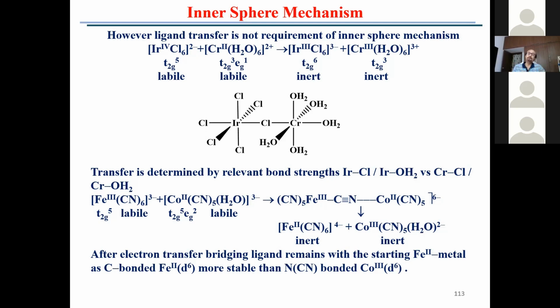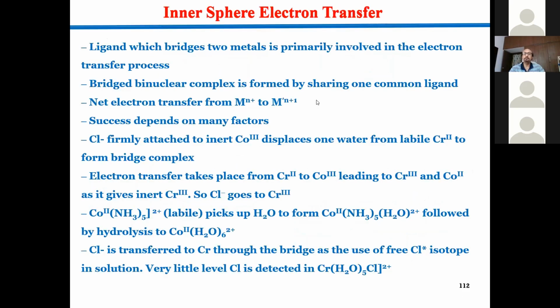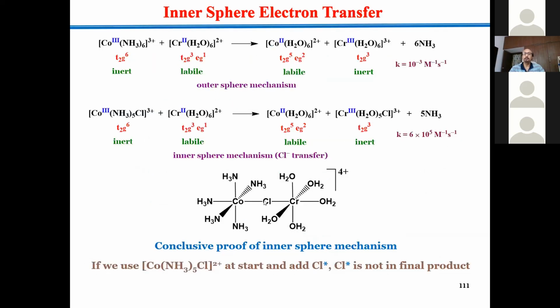So the chloride is moving in the direction of the inert side. That means initially there is a bond, now it is a bond. Bridge means bond. So chloride is moving towards the side where it will be inert, a more stable situation.